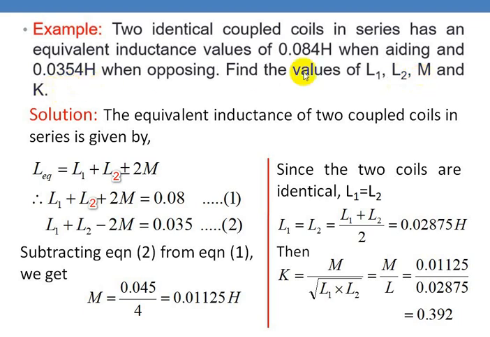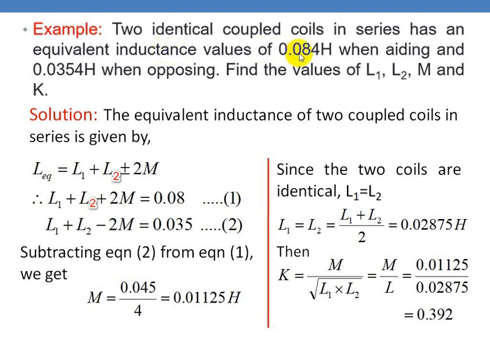I think you have understood this problem. Two coupled coils are connected in series. You are asked to find the inductance values of each coil, their mutual inductance and the coefficient of coupling.